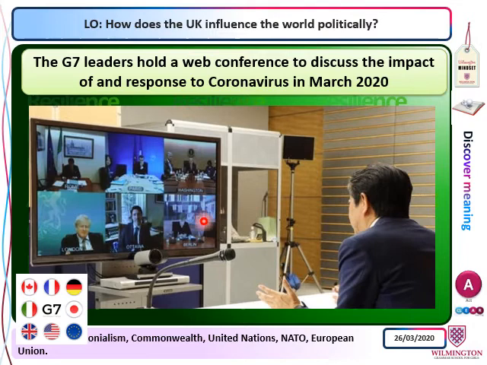Here's his webcam, here's his microphone. And so you've got Rome, there's Conte, Paris, there's Macron, Washington, there's Trump, London, there's Boris. This is Trudeau when he was in self-isolation, sporting a goatee beard and lots of facial hair in Ottawa, Canada. And here's Merkel in Germany and Berlin.